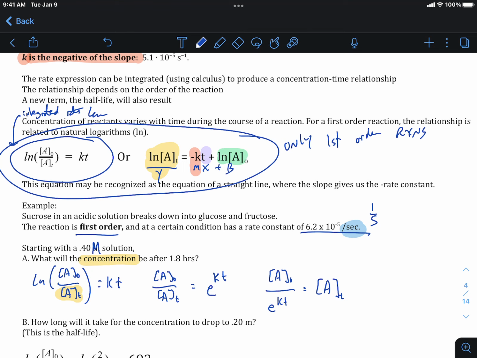So 1.8 hours, an hour is 3600 seconds. So what is that? 6480 seconds.